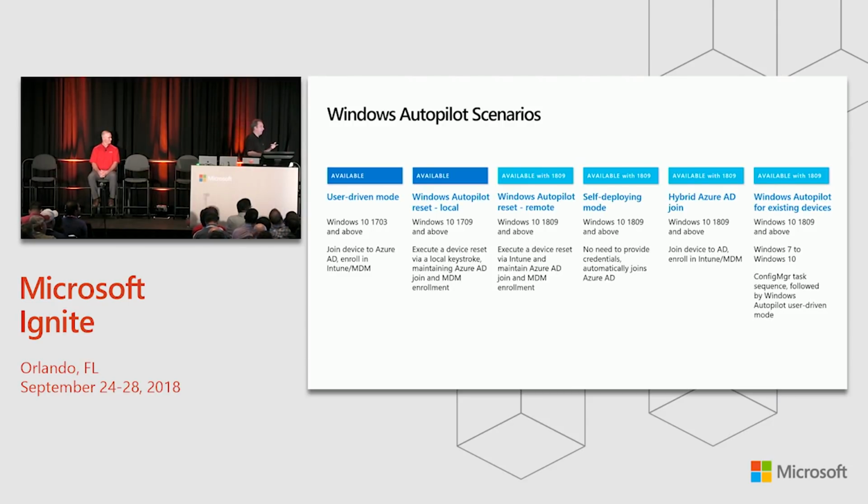It'll discard all of the apps, all the data, everything but the MDM enrollment, the Azure AD join details, and the options that were picked during OOBE as far as language and keyboard and locale, and some of the details around the network connections. So you do this autopilot reset, and you end up with a fully managed device afterwards.